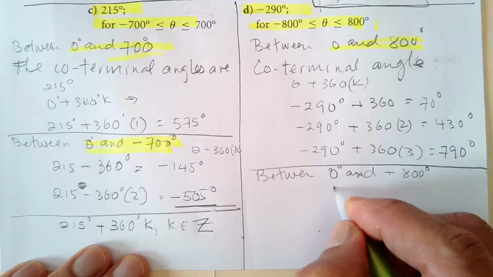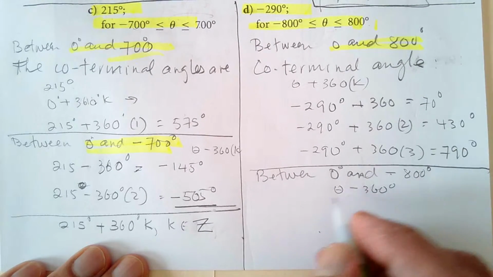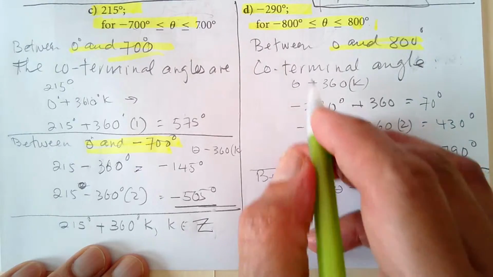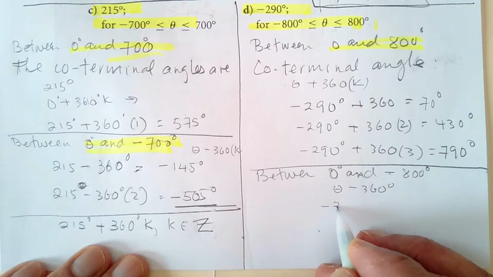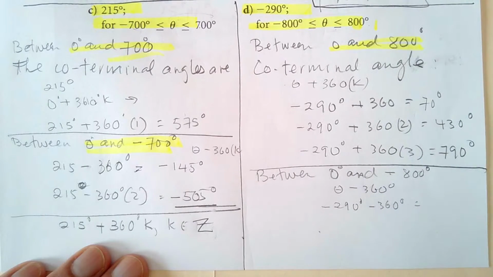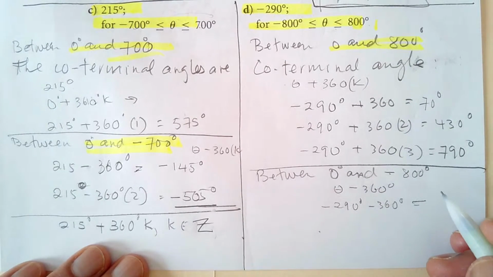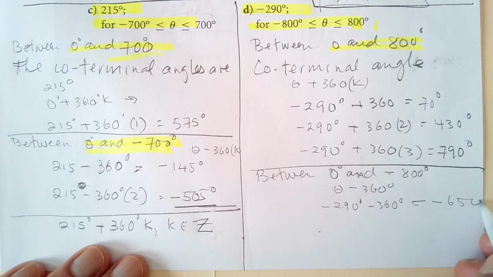So this will be theta minus 360 degrees. We have negative 290 minus 360 degrees, which gives us negative 650 degrees.